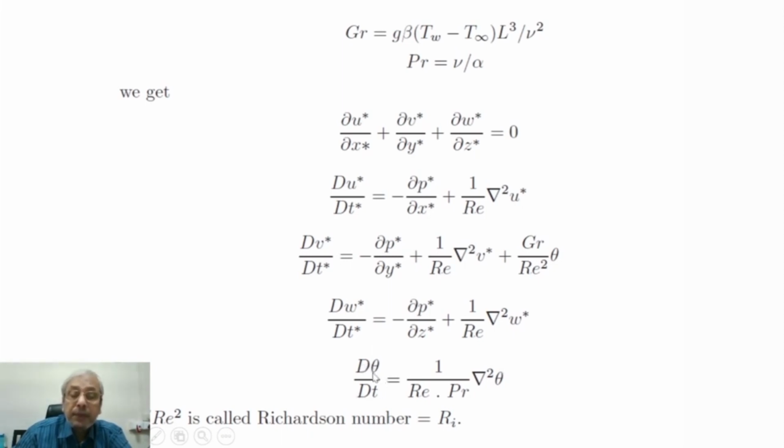Total derivative of non-dimensional temperature equal to 1 by Reynolds number times Prandtl number, grad square theta. And this Grashof number by Reynolds number squared term is called the Richardson number, Ri.